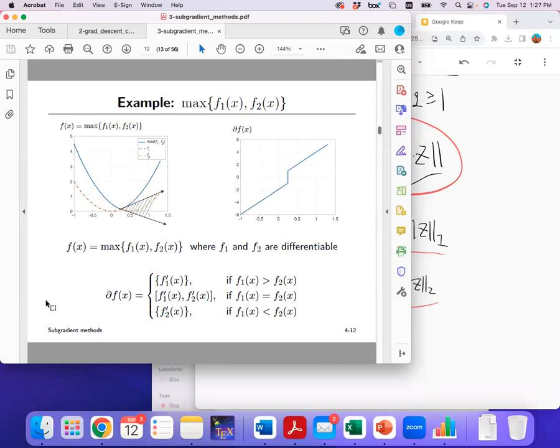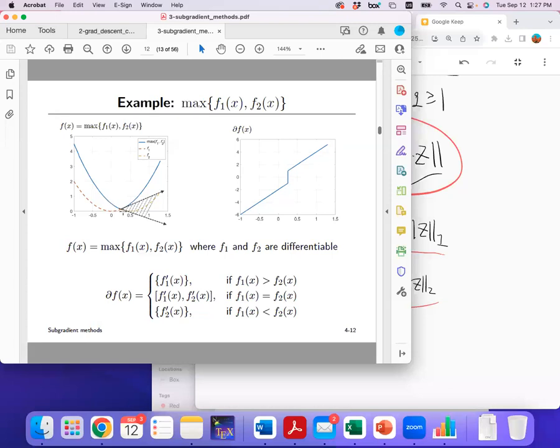And this is a more useful example. We're talking about the maximum of two functions. Say this red is one function and this yellow is another quadratic function.